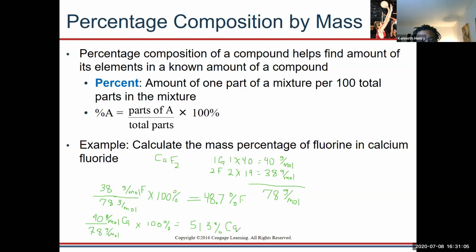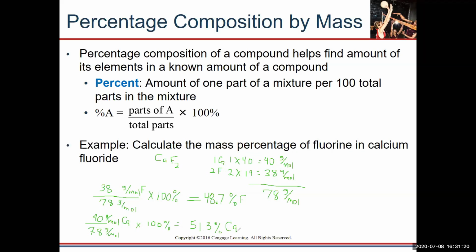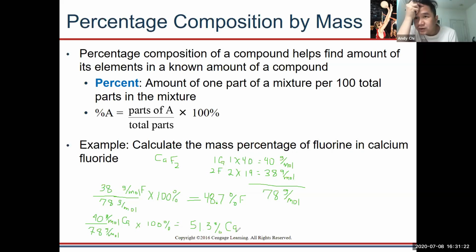The only thing is, like you say, calculate the mass percent of fluorine in calcium fluoride. The fluorine, how come you always have two? You just happen to have two, right?